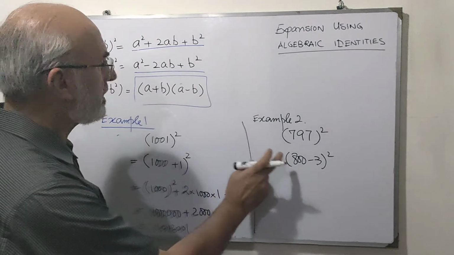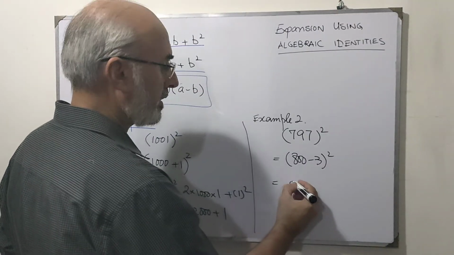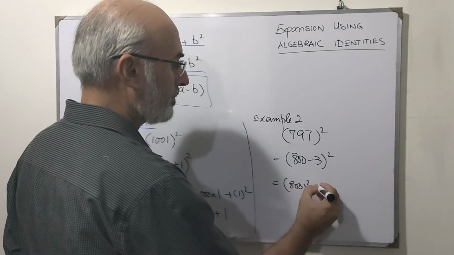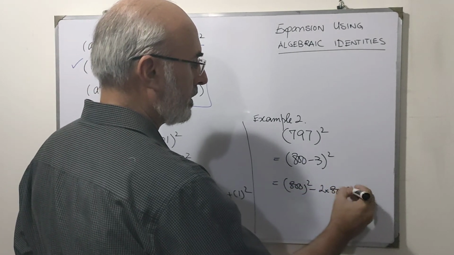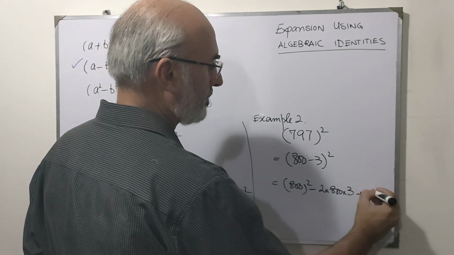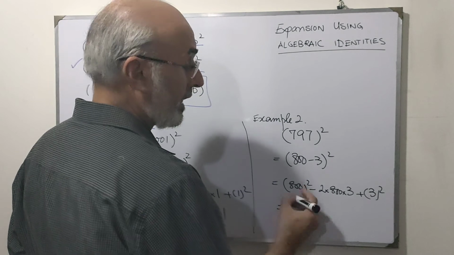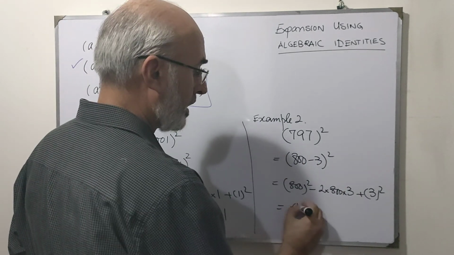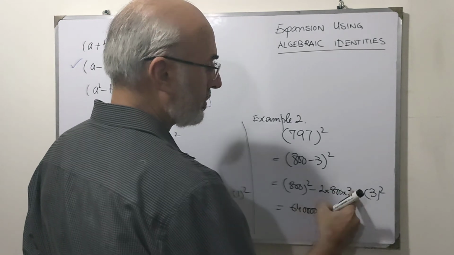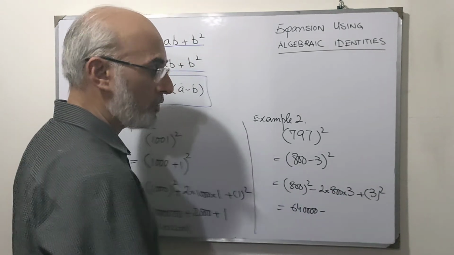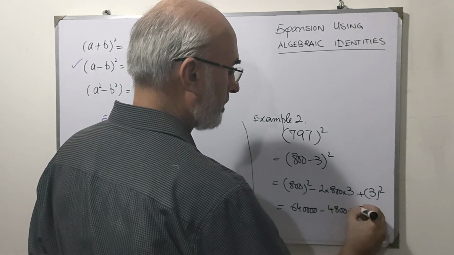And what identity are we going to apply? The second one. So it will be 800 square minus 2 into 800 into 3 plus 3 square. So it is 8 into 8 is 64 and 4 zeros, minus 2 3s are 6, 6 8s are 48, and plus 9.